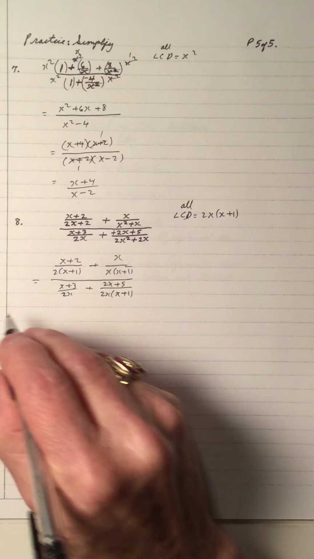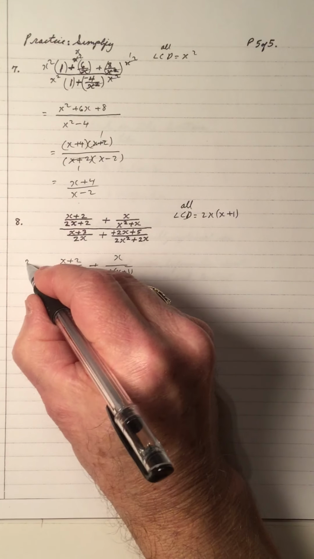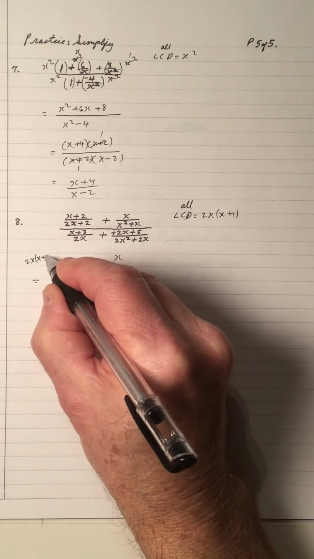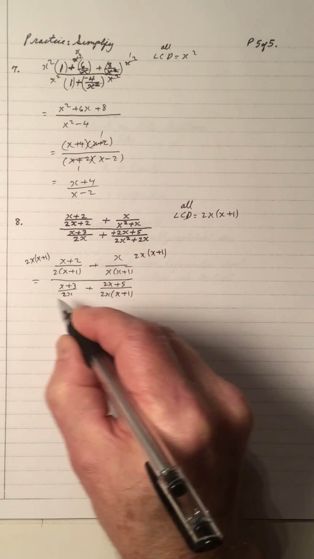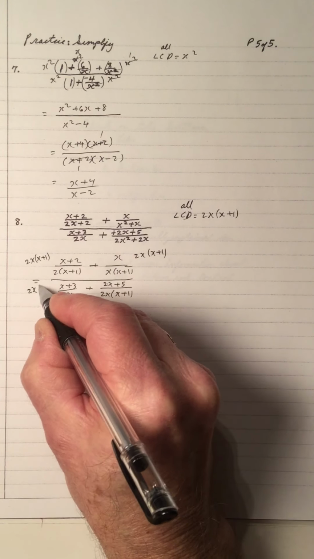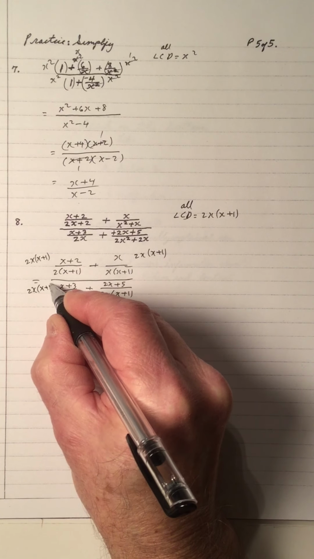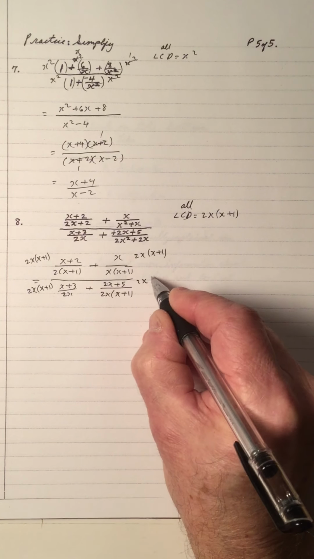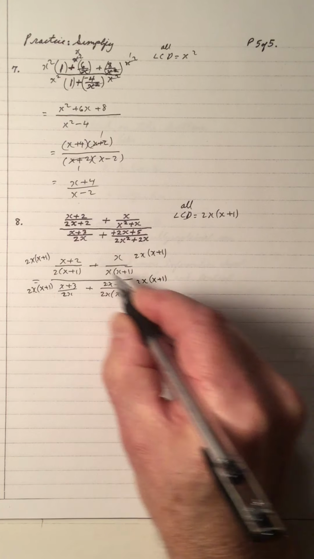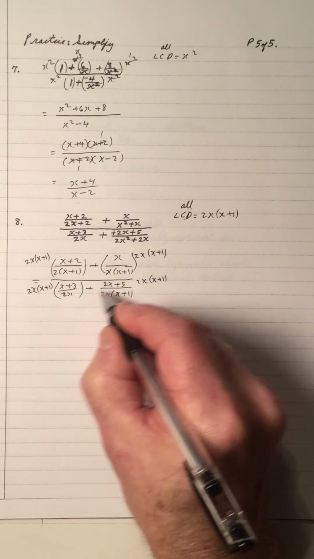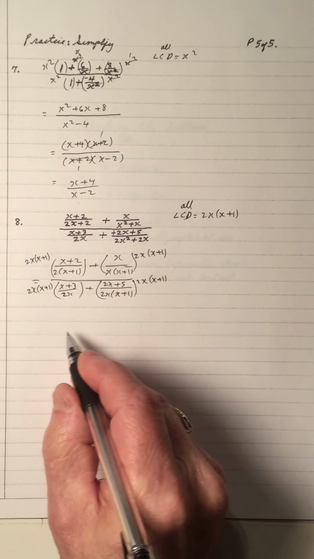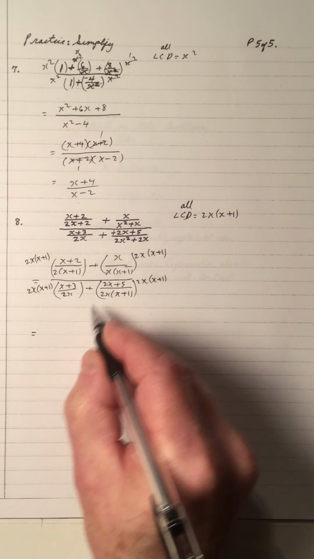So all these fractions are multiplied by 2x times x plus 1. And put a bracket here so you can see the cancellation going on. There it is.